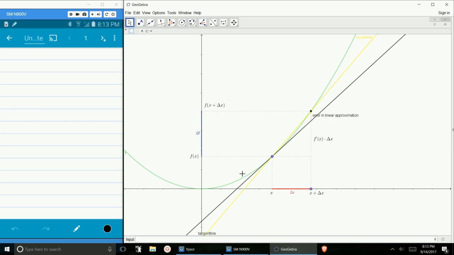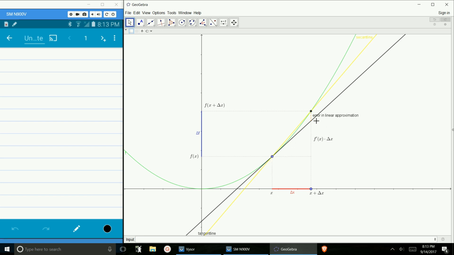Okay, well, why is this vertical line segment right here equal to f prime of x delta x? The slope of this thing, the rise over run, is given by f prime of x, this x here. Okay.